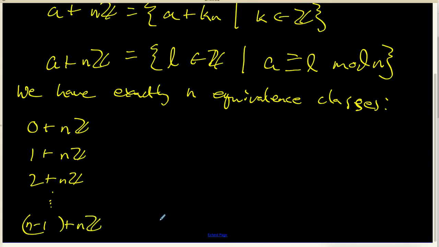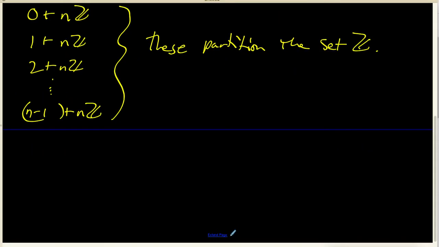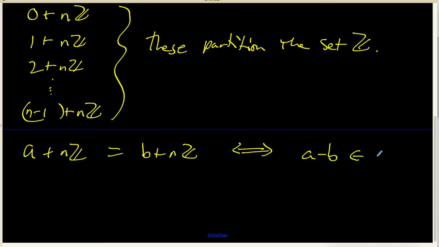And these wind up being a partition for the set of integers. So these partition the set Z, meaning that each and every integer is in exactly one of these sets. We also know that a plus nZ is equal to b plus nZ, that is, they are the same equivalence class, if and only if a minus b is part of the subring nZ.